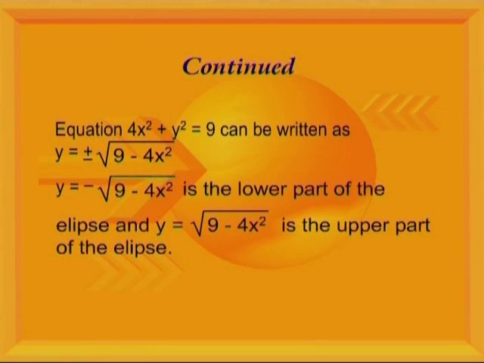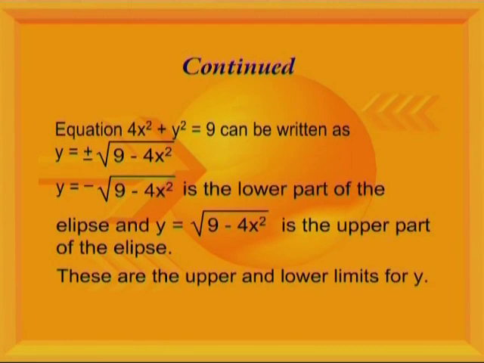The equation of the lower part is with minus and the equation of the upper part is with positive sign. So our limit for y integration is, the lower limit is y is equal to negative of square root of 9 minus 4x square, and the upper limit is square root of 9 minus 4x square.